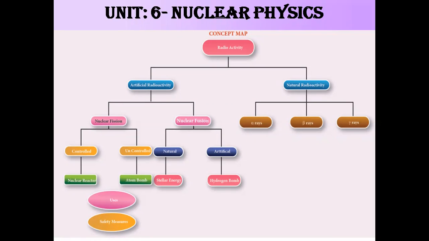Then in 1932, James Chadwick discovered the neutral particles, that is, neutrons. The neutrons are present in the nucleus. In 1911, the British scientist Ernest Rutherford explained that the mass of the atom is concentrated in the central part, called the nucleus.